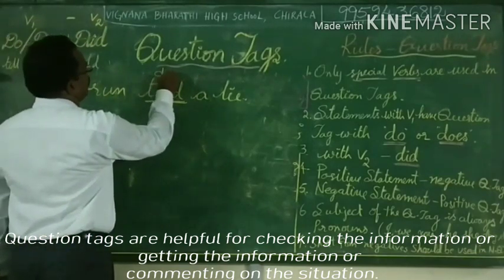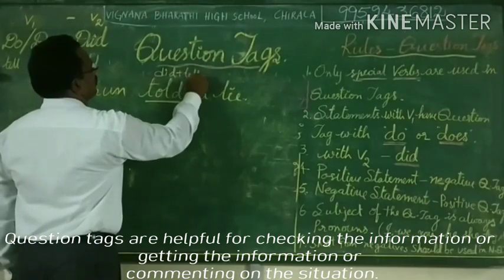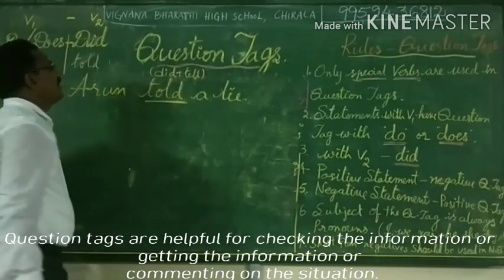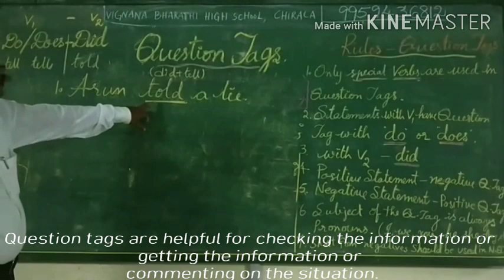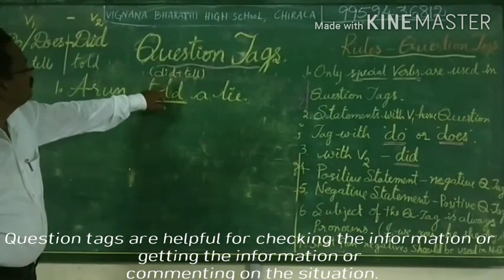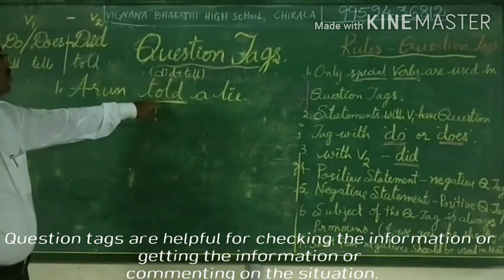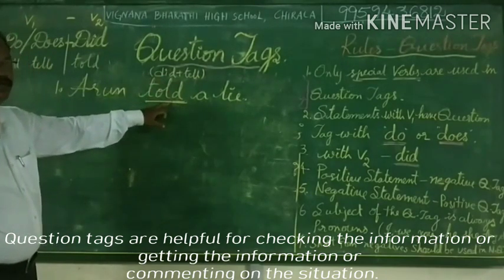What does it mean? Did plus tell. So already we brought out its form, that is verb 2, that is why did plus tell. We brought out did from this told.